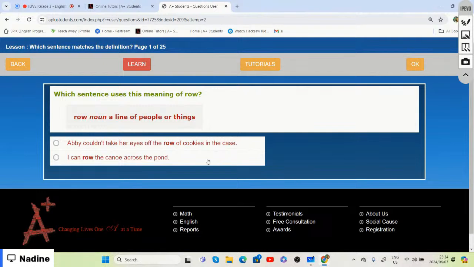All right, so it says row. Row is a line of people or things. That is row.